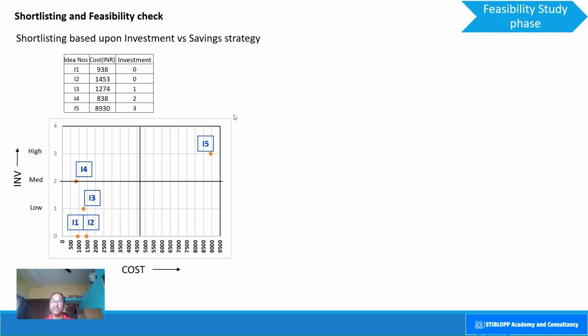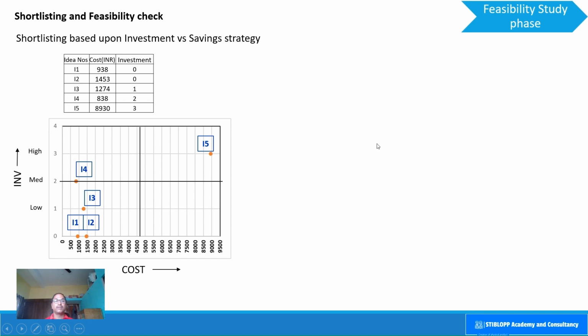five require investment. So idea one, I'm putting that under the first quadrant here. See, 938 versus zero investment. Idea 2 also 1500 versus zero investment. Idea 3 calls for low investment and the cost is also less as compared to idea 2.